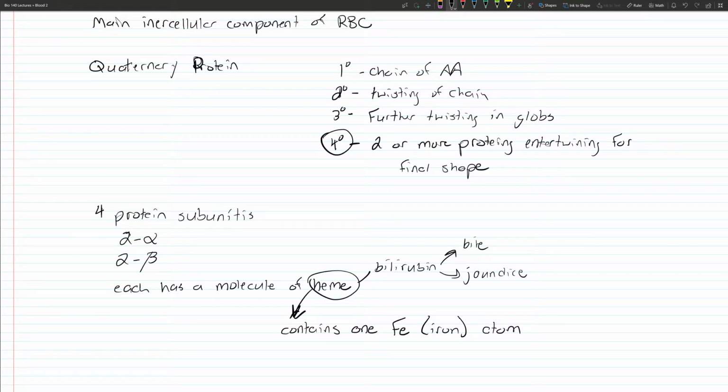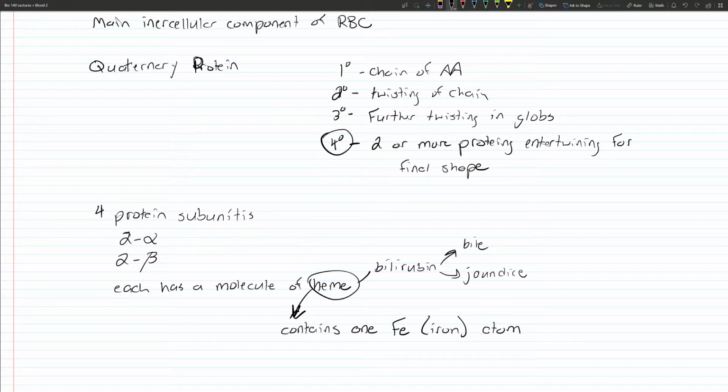Okay. Each one of those strands, so each alpha strand and each beta strand, has a molecule of heme. Attached to every one of those hemes, there is an iron atom. Okay. So in every hemoglobin molecule, there are 4 irons. The iron can bind to 1 oxygen.